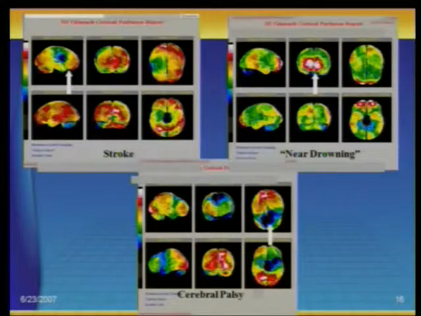And so this is diffuse brain injury, diffusely decreased functioning brain of this child. And here's a child with cerebral palsy. There's no one pattern with cerebral palsy. They're all quite different. But in this child, huge portions of the brain are in the blue and black zone, aren't working well at all.